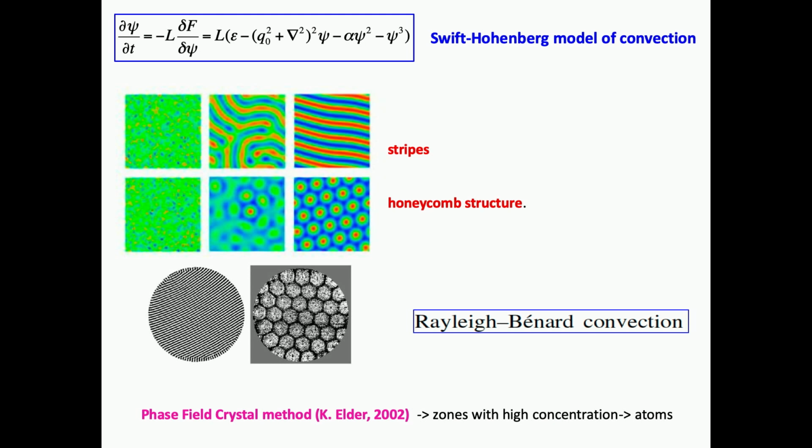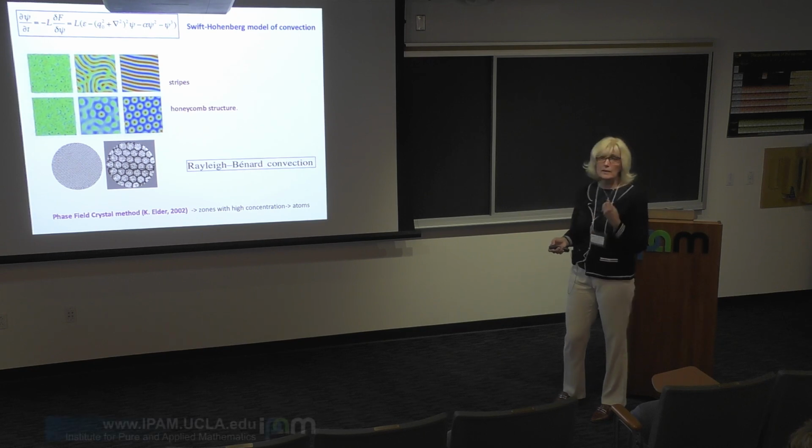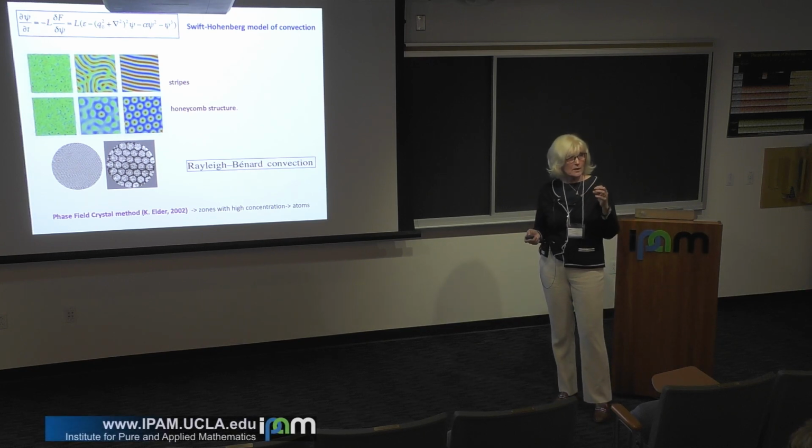Using this, Ken Elder in 2002 proposed a very interesting idea. He said that if an equation like the Swift-Hohenberg equation gives us some periodic structure, as you can see here, we can interpret the higher concentration regions as atoms.